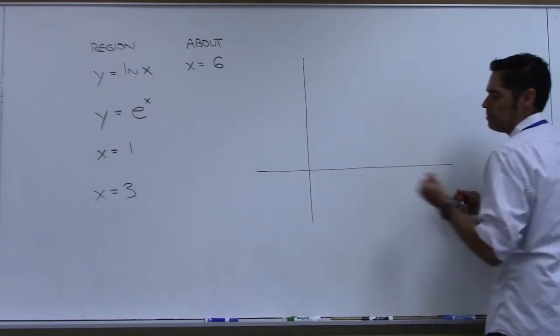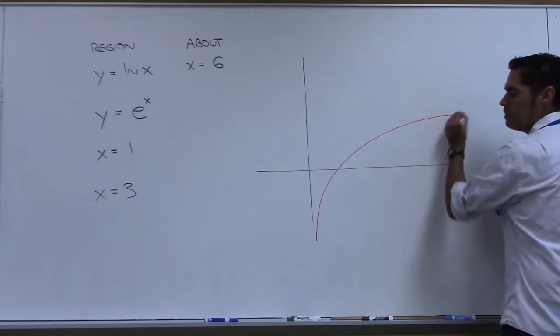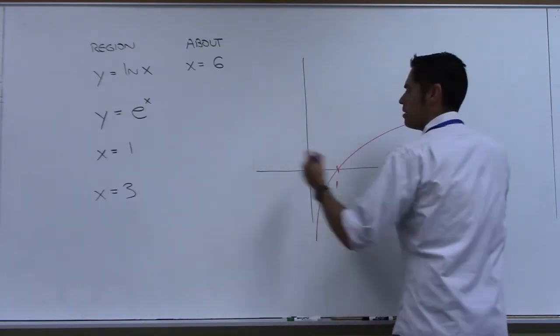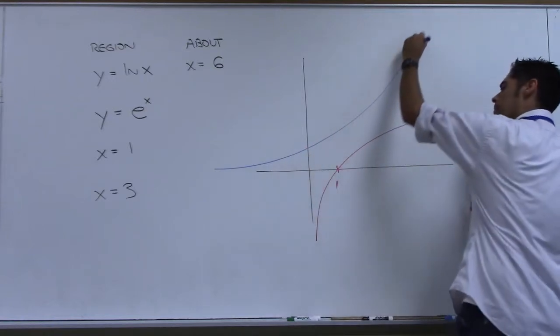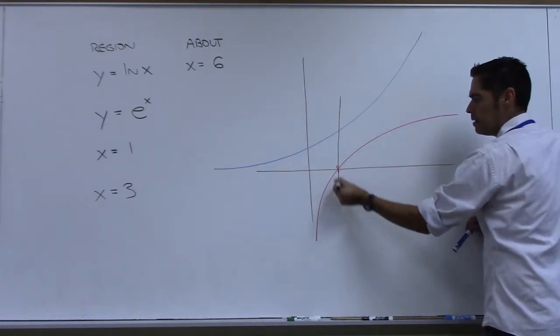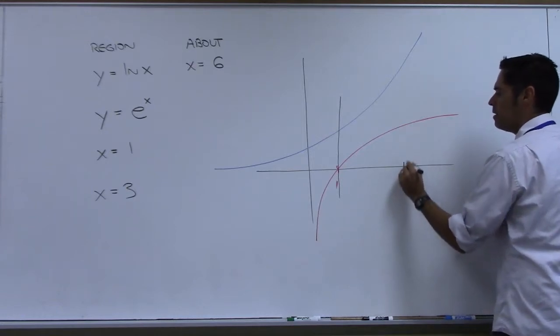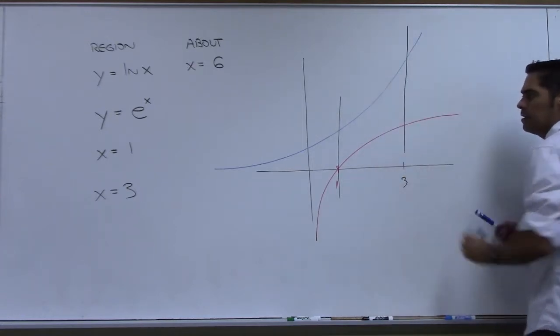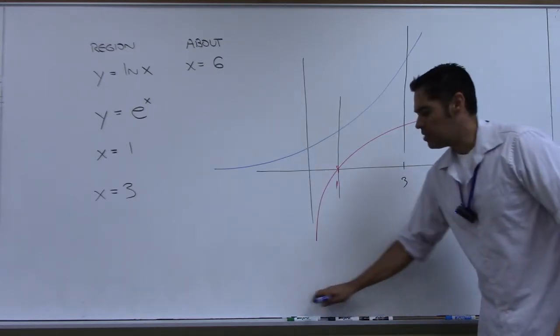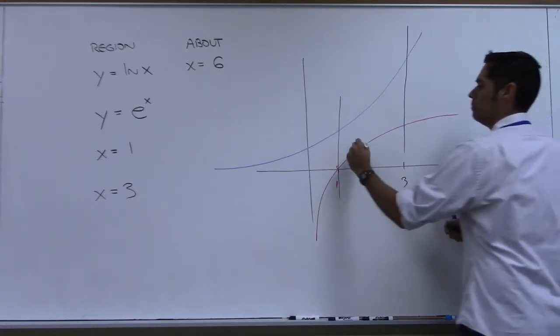Natural log x looks like this. That happens at 1. E to the x looks like this, right? X equals 1 is here. X equals 3 is here, yeah? The region's enclosed by those three?